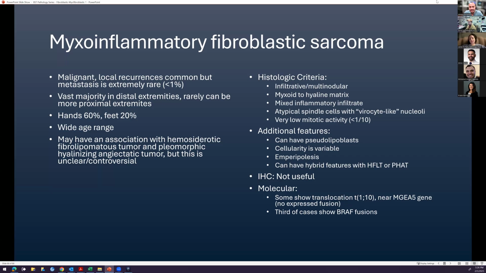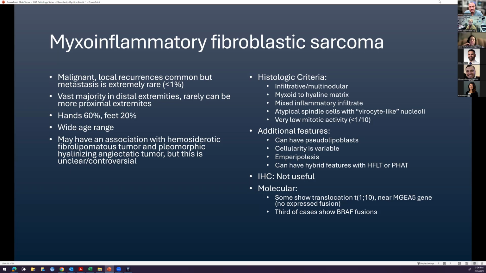Okay, so your histologic criteria for these things, generally they're going to be infiltrative to multinodular looking, and they'll be myxoid to a hyaline matrix, but there'll at least be some focal myxoid change. Usually there's a myxoinflammatory infiltrate and these atypical spindle cells with the virocyte-like nucleoli. That's what you're looking for, right? And mitotic activity is generally very low.